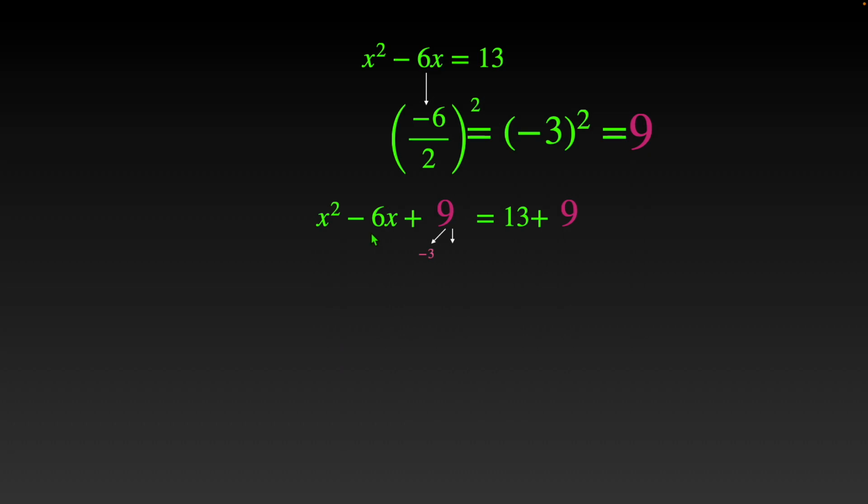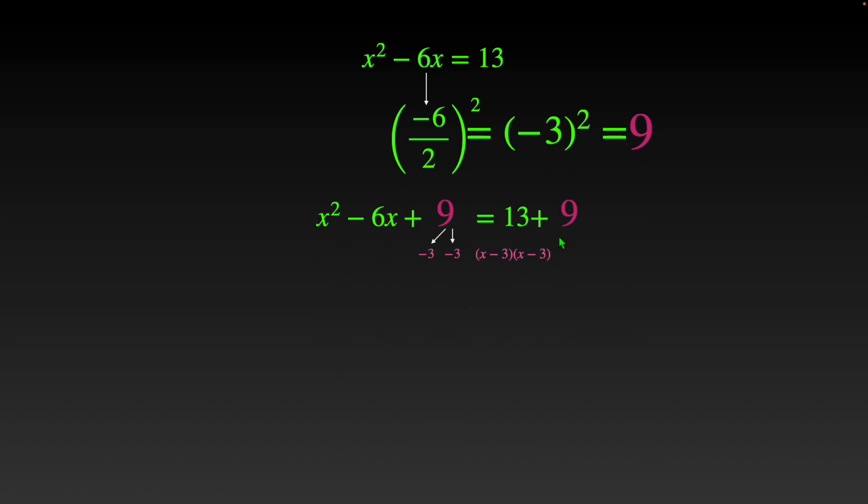And those numbers are -3 and -3. -3 times -3 is +9, and -3 plus -3 is -6. So the left-hand side is going to be factored the following way. X minus 3 times x minus 3.